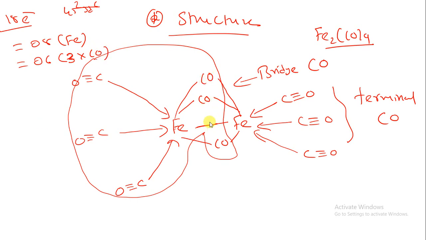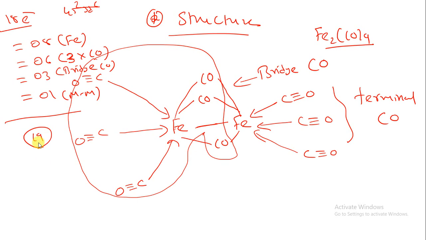There are 3 bridge ligands, so I have to put 3 electrons for the bridge COs, and 1 electron for the metal bond. When I calculate this: 8 plus 6 is 14, 14 plus 3 is 17, 17 plus 1 is 18. There are a total of 18 electrons for this structure.